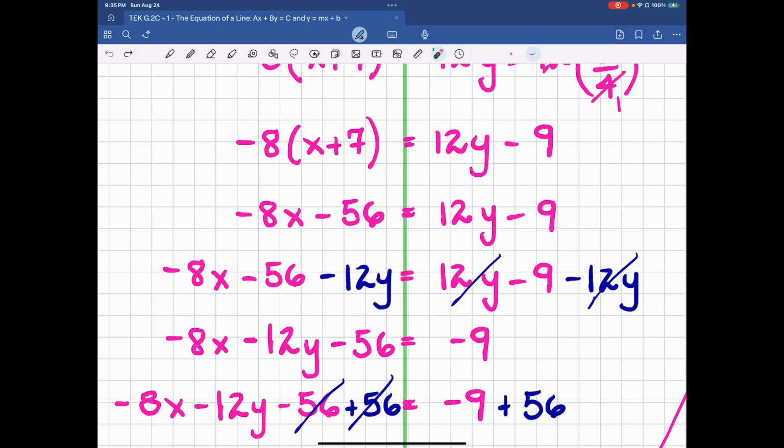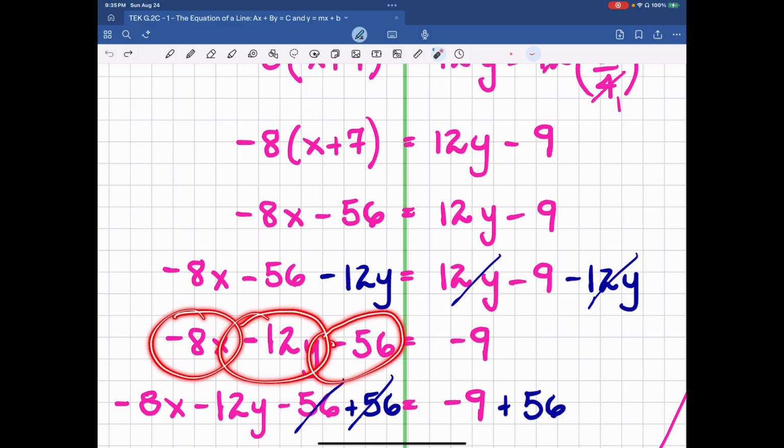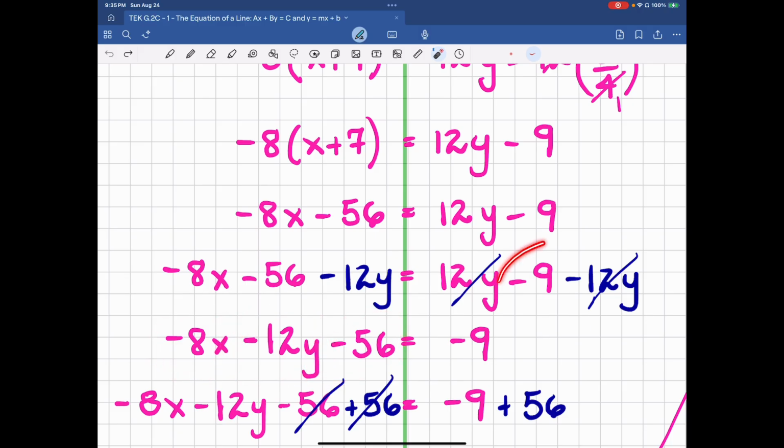I'm going to readjust it to put my x's first, my y's second, and my numbers last. And that is going to be equal to this negative 9 that just comes down. I'm getting closer to putting this in standard form, which is ax plus by is equal to c.